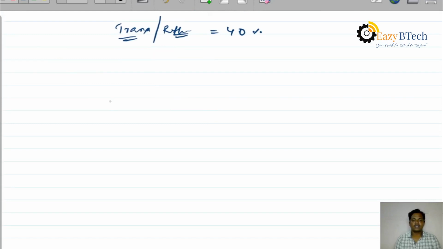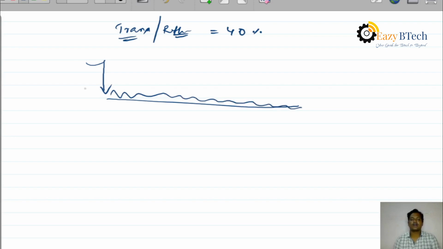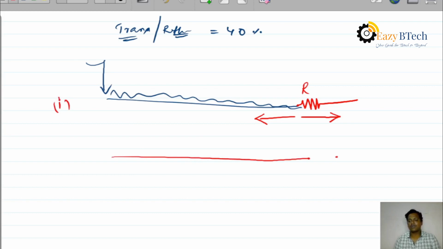Here we are analyzing the same concept. If a surge is induced in the transmission line, it travels through the transmission line. Here we take some conditions. In case 1, the transmission line is connected to a resistor: how much wave will be transmitted through the resistor and how much will be reflected back? In case 2, the transmission line is open circuited. It will offer infinite impedance.